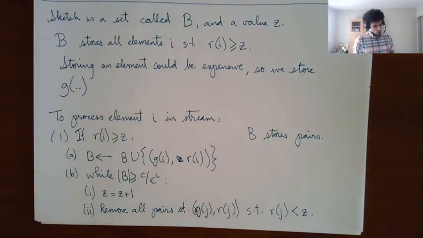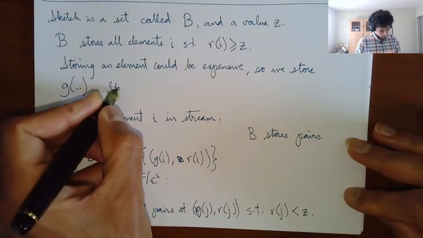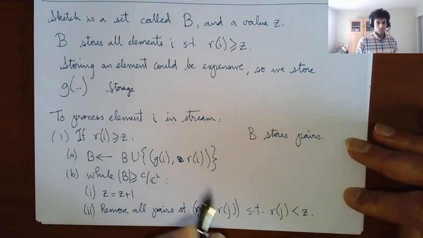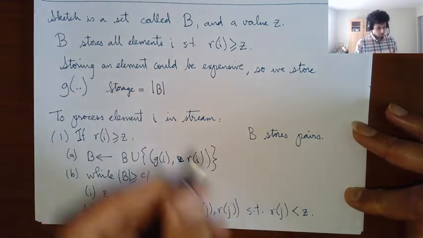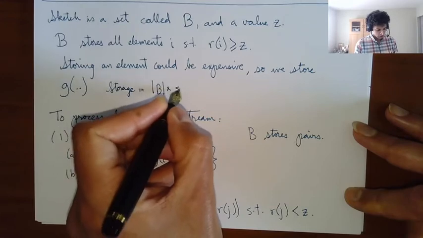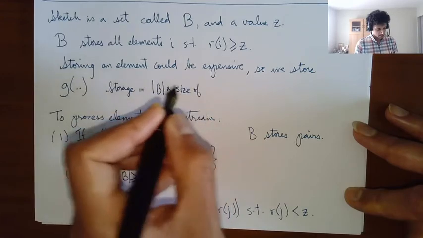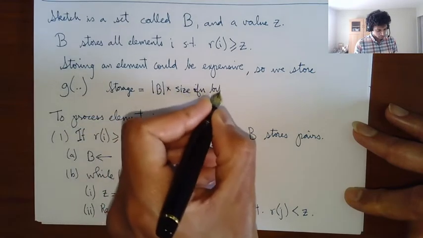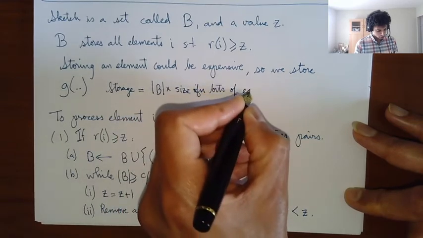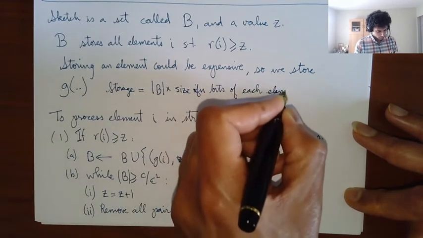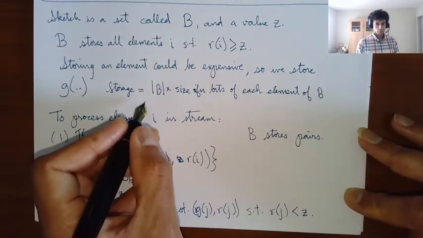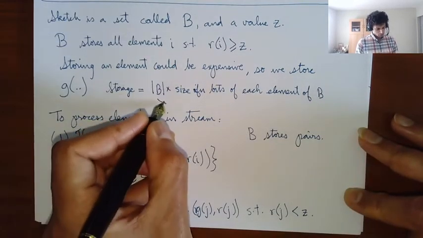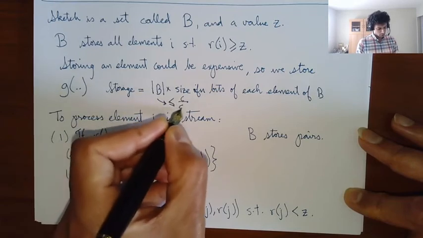Okay, so what is the storage going to be? The storage is really the size of B times size in bits of each element of B. This we ensure is at most C over epsilon square.